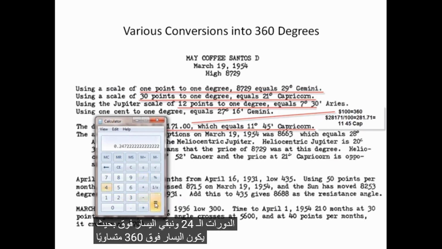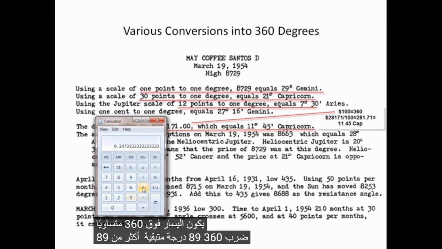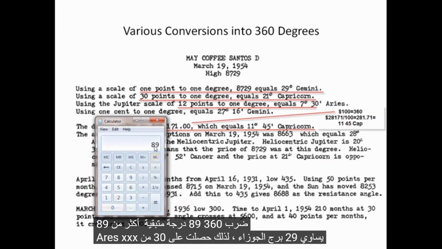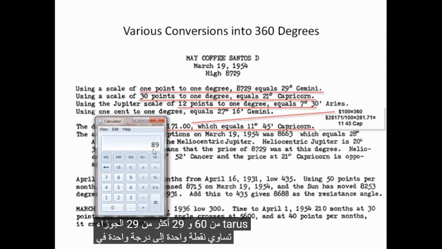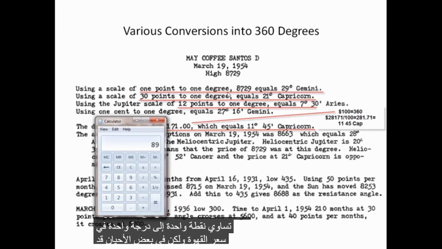The leftover is 89 degrees, and 89 is equal to 29 Gemini. So you've got 30 of Aries, 30 of Taurus, that's 60, and 29 over it. So 29 Gemini is equal to 1 point to 1 degree in the price of coffee.